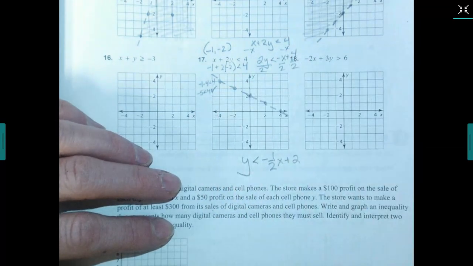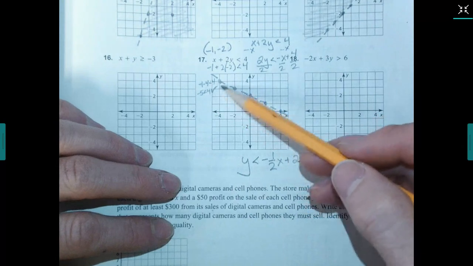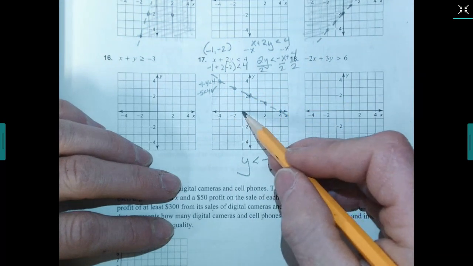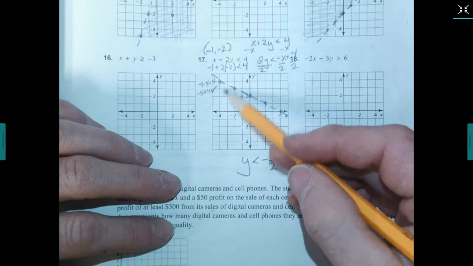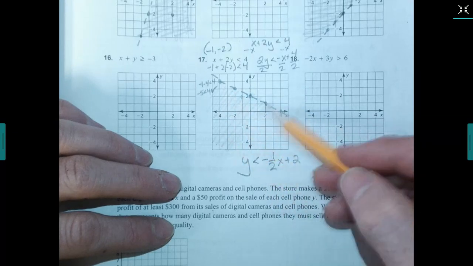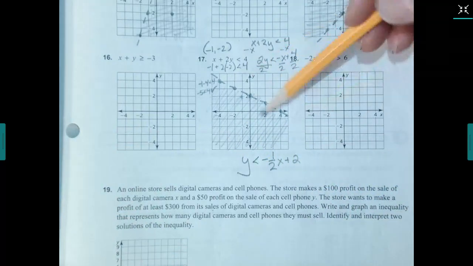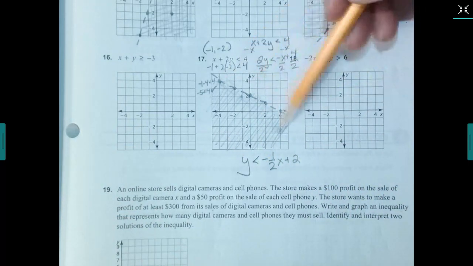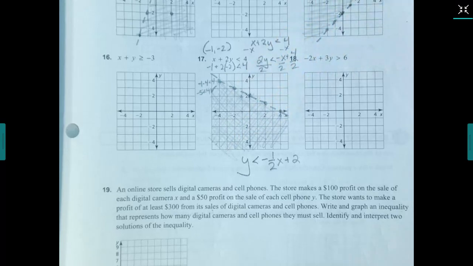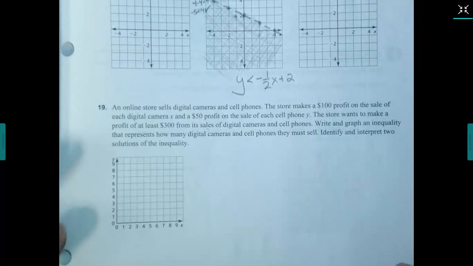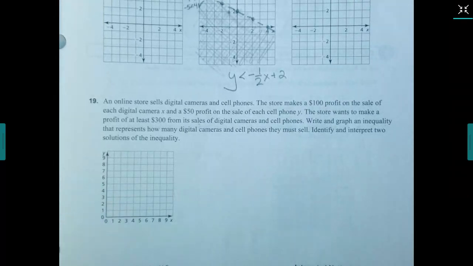That checks out. So it is, in fact, negative 1, negative 2. So that's on this side. So I shade it in like that. That's how I do an inequality. Just like that. Alright, pause it, finish the other ones, and let's look at number 19.